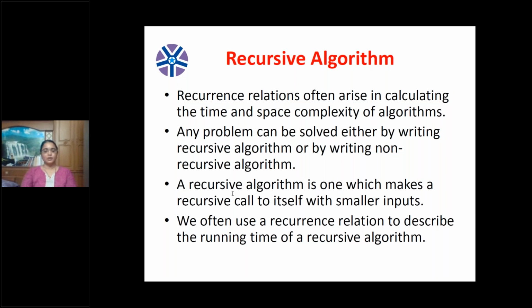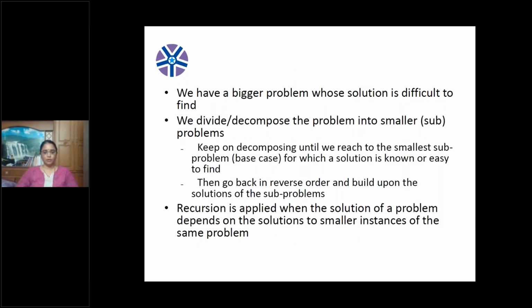We have a bigger problem. How do we use this? Suppose we have a bigger problem; the recurrence relation can be used in the Fibonacci series and factorial problems. I'll tell you how we'll solve. First of all, if we consider a bigger problem whose solution is difficult to find, then we divide that big problem into a small subset of problems.